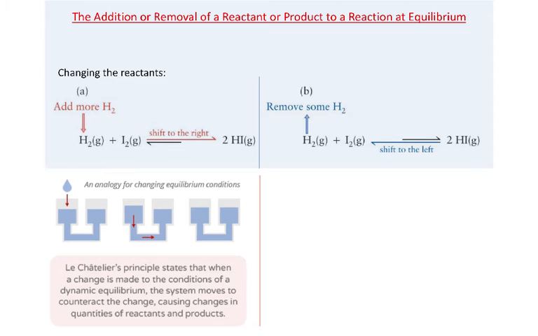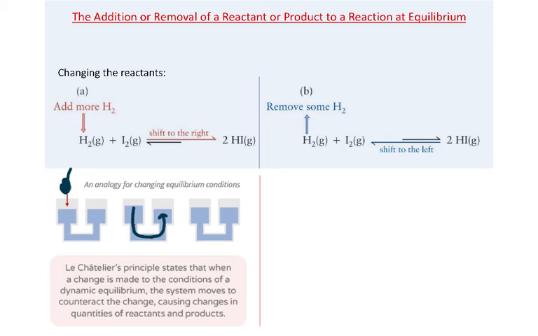Let's say we're first changing reactants. If we add more hydrogen to a system at equilibrium, what happens? Well, this is a perfect analogy to the water picture below, right? We're adding something more to the left side. The effect will be to lose what you added and produce more onto the right side.